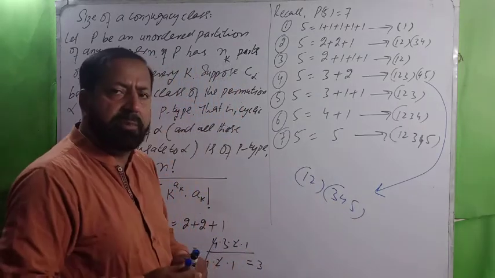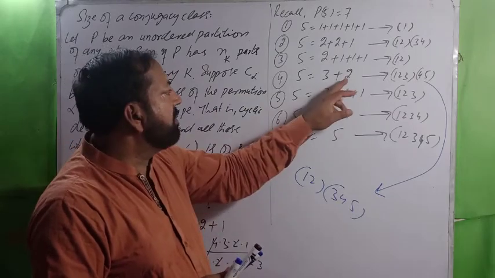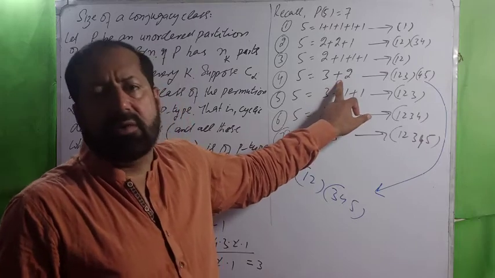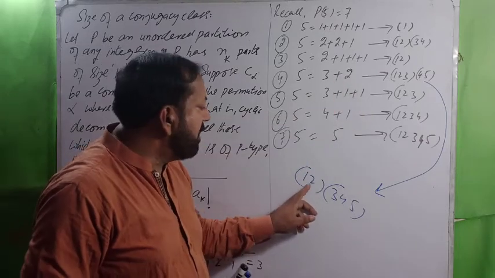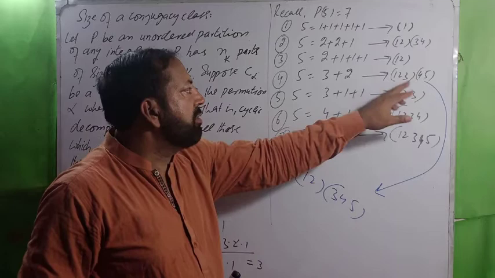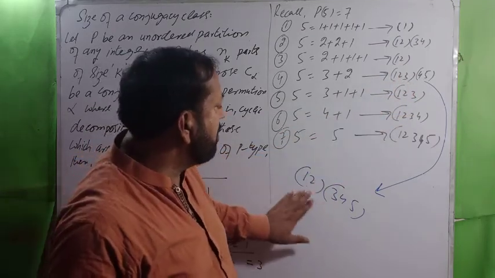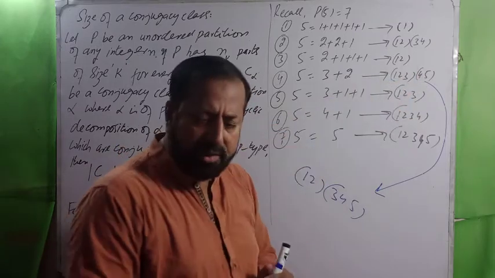You know that addition is commutative, so you can write 2 plus 3. So these are the same class. You can write all these types in this class, right?